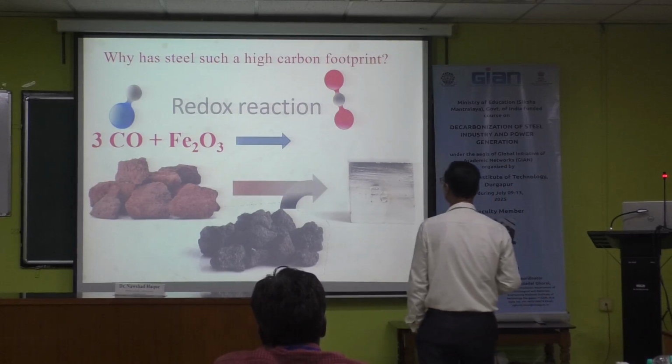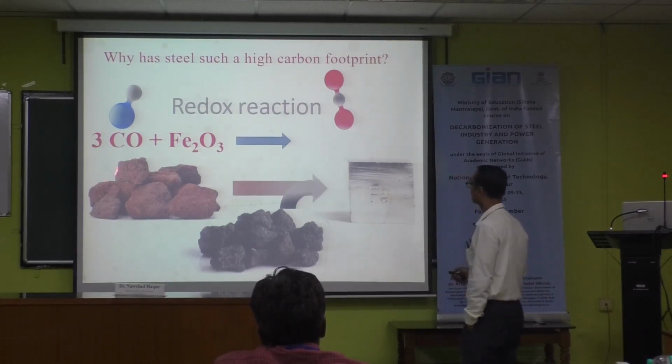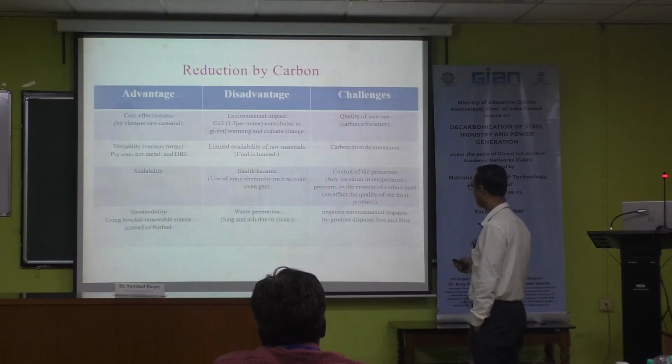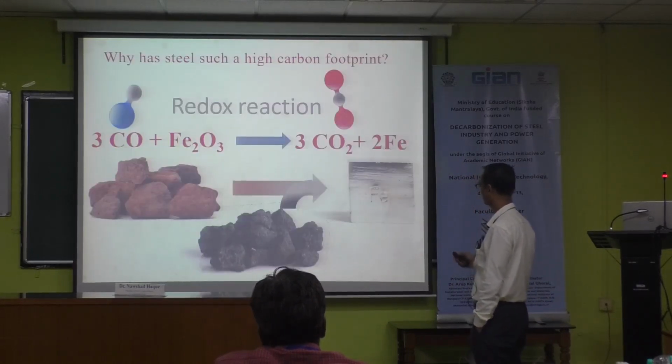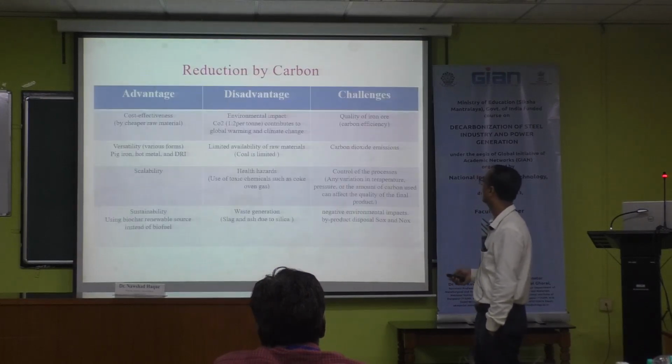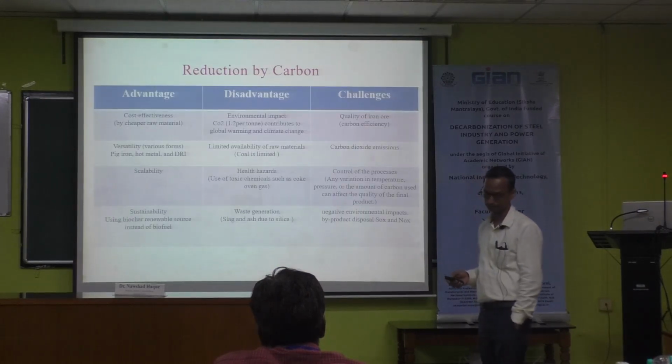Then you know this one is carbon monoxide reacting with Fe2O3, which will produce CO2 and iron. If we replace this CO by hydrogen, then the product will be environment friendly.